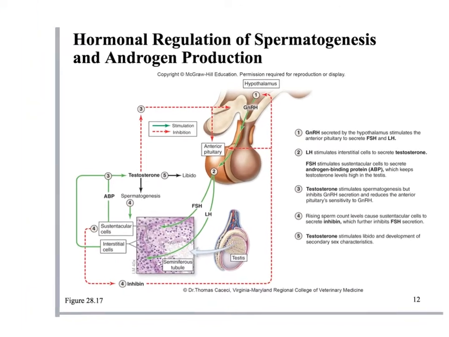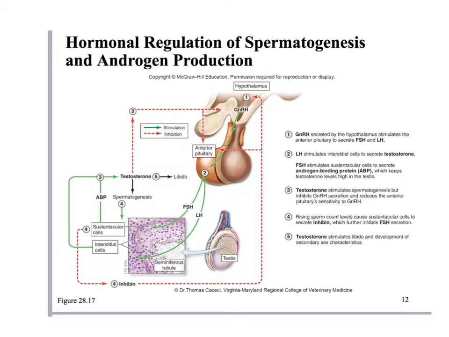So here's really the production of androgens. GnRH targets the anterior pituitary to produce FSH and LH. That then targets the testes. So again, you have your hypothalamus, anterior pituitary, gonadal axis.